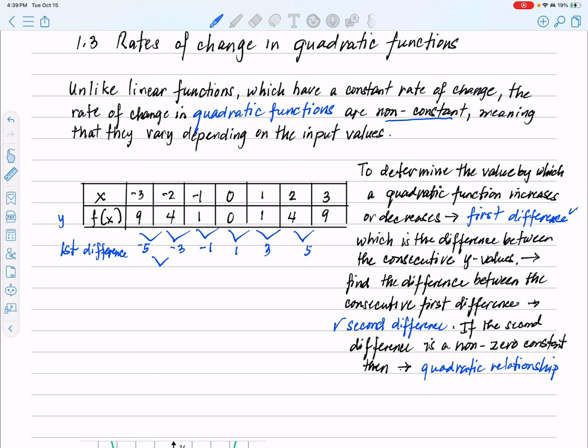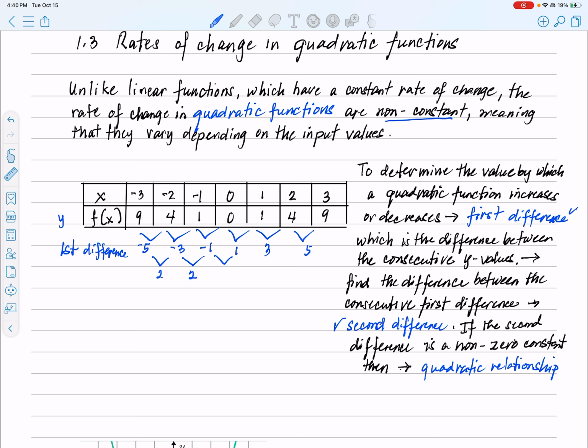We have negative 3 minus negative 5. That becomes negative 3 plus 5, that is 2. Then you have negative 1 minus negative 3, or negative 1 plus 3. That is 2.